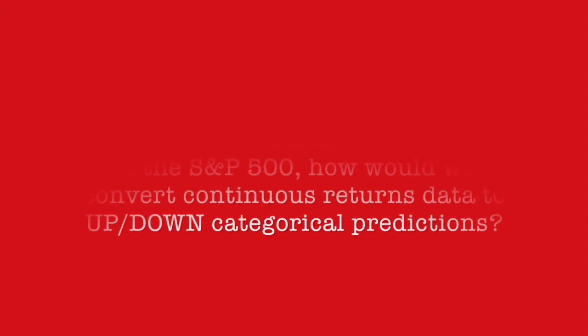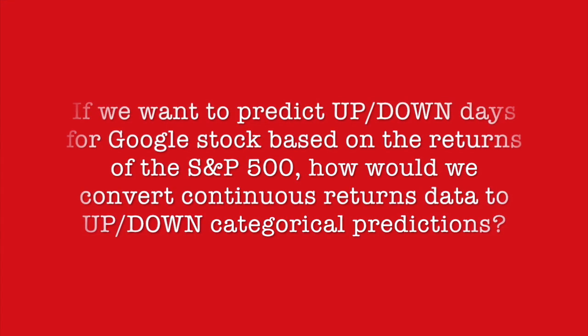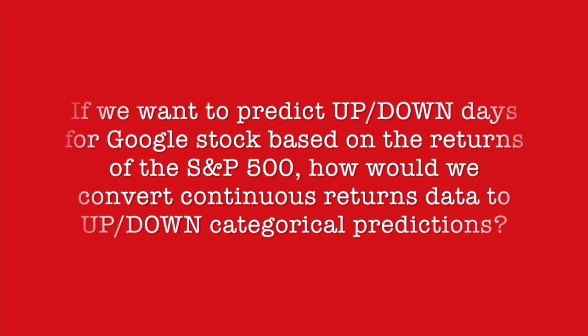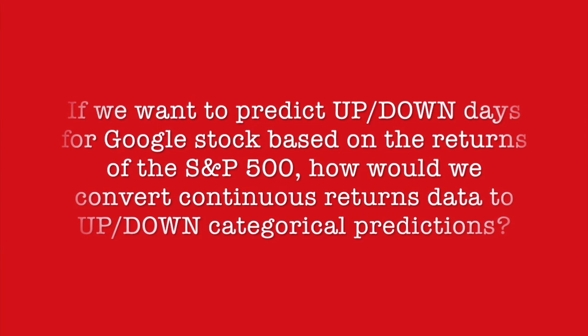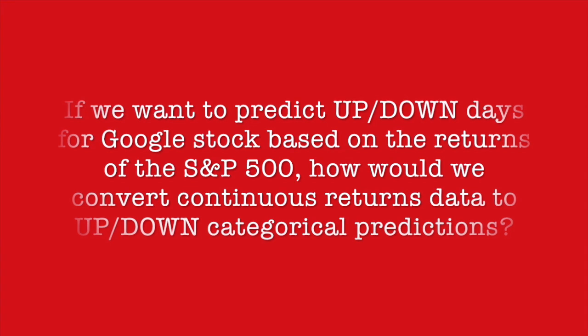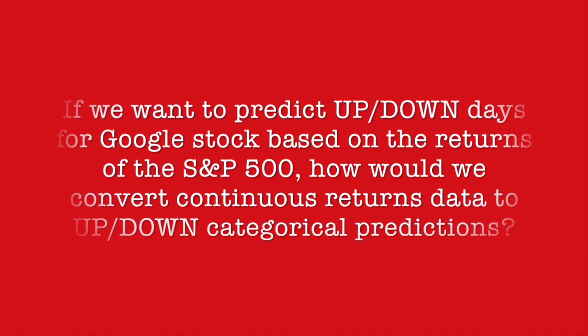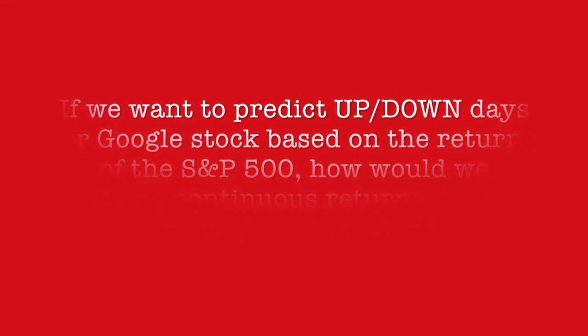So, how would we convert returns data that is continuous to categorical values? We can simply say that if the returns in a particular month is greater than 0, that is an up month, and if it's less than 0, that is a down month. So, anything above 0 will be up, and anything below 0 will be down. Returns data will now have two categorical values, up or down.